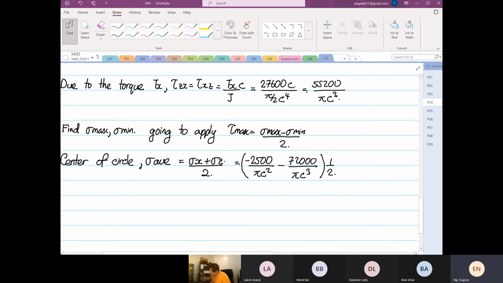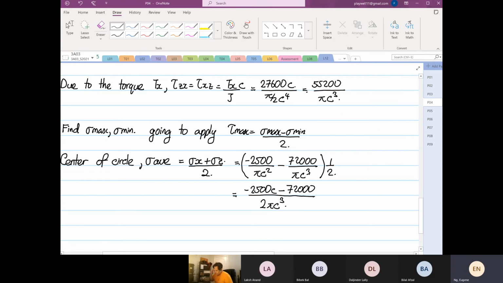I'm going to make a common denominator so it's easier for us to write. So this will be equal to minus 2,500 C minus 7,200 divided by 2 pi C cube.